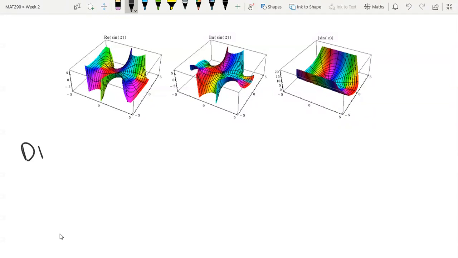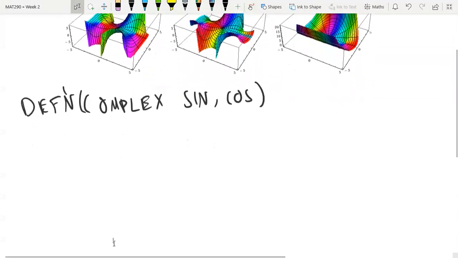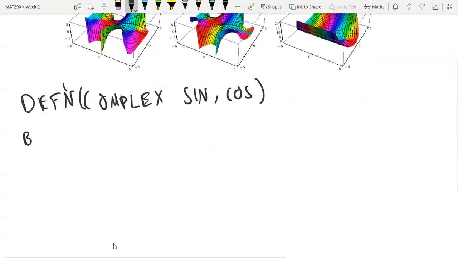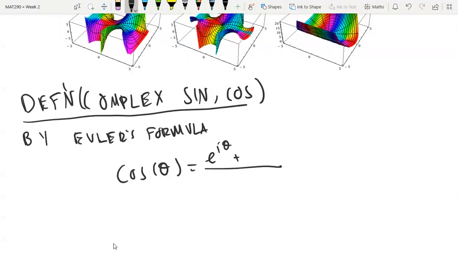Definition of complex sine and cosine. So recall, by Euler's formula, we have cosine of theta is e to the i theta plus e to the minus i theta, over 2.